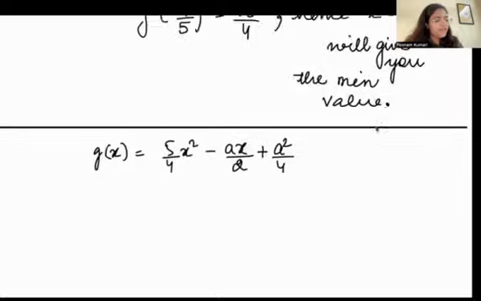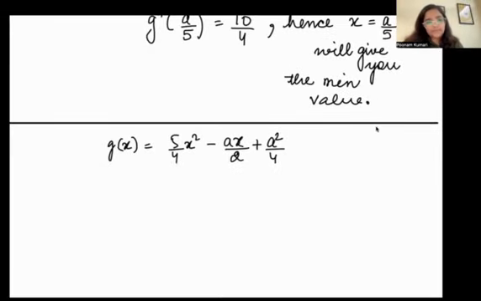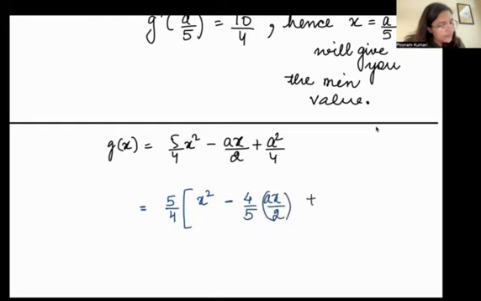So can we try to complete the squares here? So what do we do? First of all, whenever we try to complete the squares, we make this coefficient as 1. How do I make this as 1? I can take 5 by 4 common. Yes. Then what happens? This will be x square and then minus 4 by 5 ax divided by 2 and then plus 4 by 5 a square divided by 4, right?